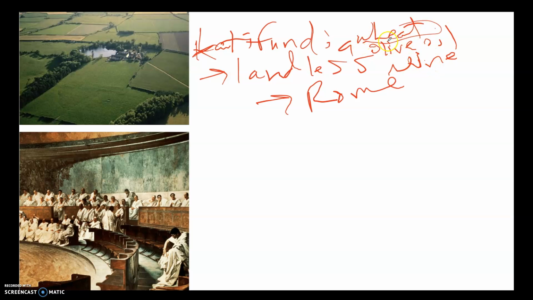Maybe the wheat, but it's made to export to make money for these large landowners. So not only are these latifundias creating a landless population, they're also not really providing nourishment for that population as well.